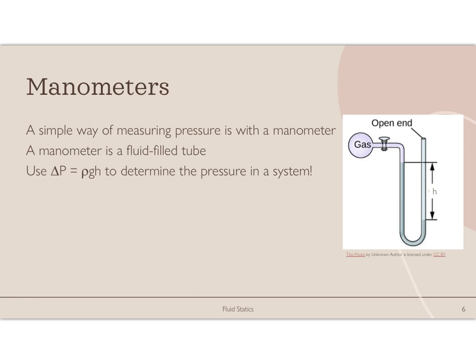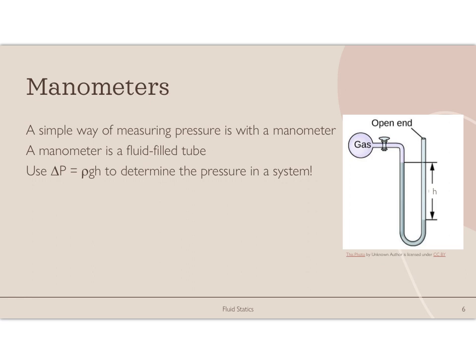So let's begin by looking at manometers as a way of applying this definition that P is P naught plus rho g h. A manometer is a very, very simple way of measuring pressure. You can build yourself a manometer right now. A manometer is a fluid-filled tube, and within a given fluid at a given height, the pressure will be the same at that height anywhere in the fluid.